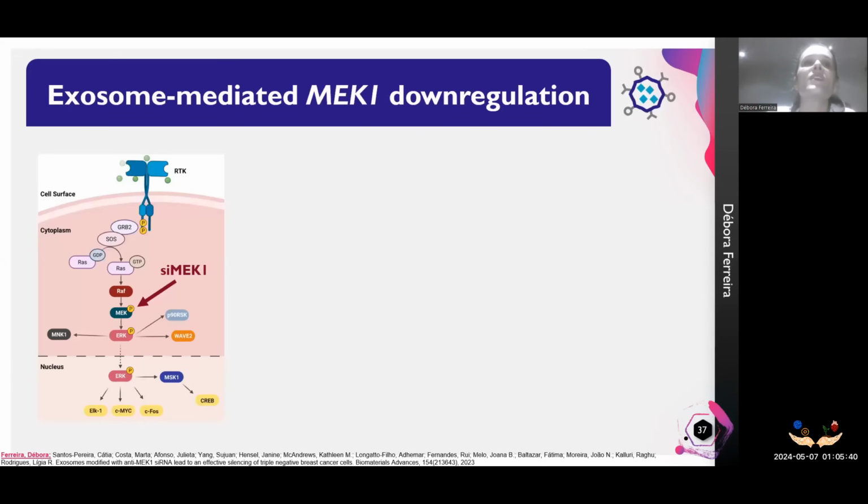So then, we validated the potential of exosomes as drug delivery vehicles of an siRNA molecule called SCI-MEC1, that targets one of the principal nodes of the MAP kinase ERK pathway, the MEC1, as we can observe here.